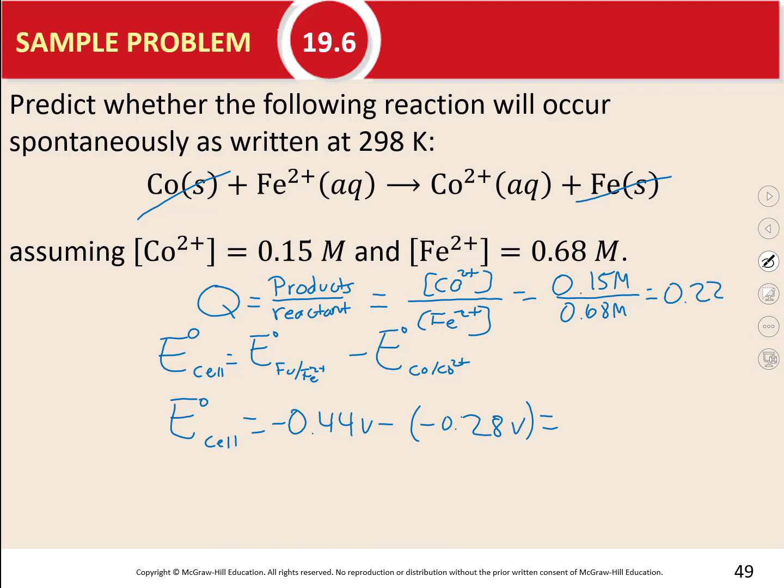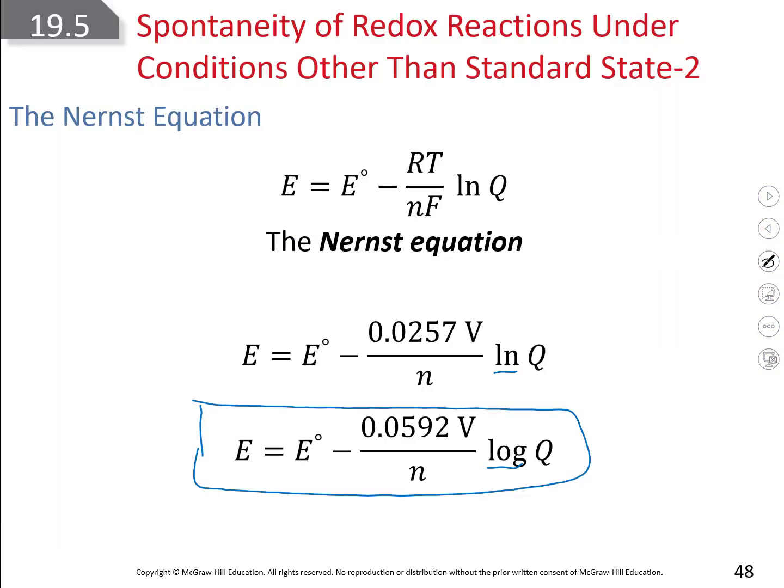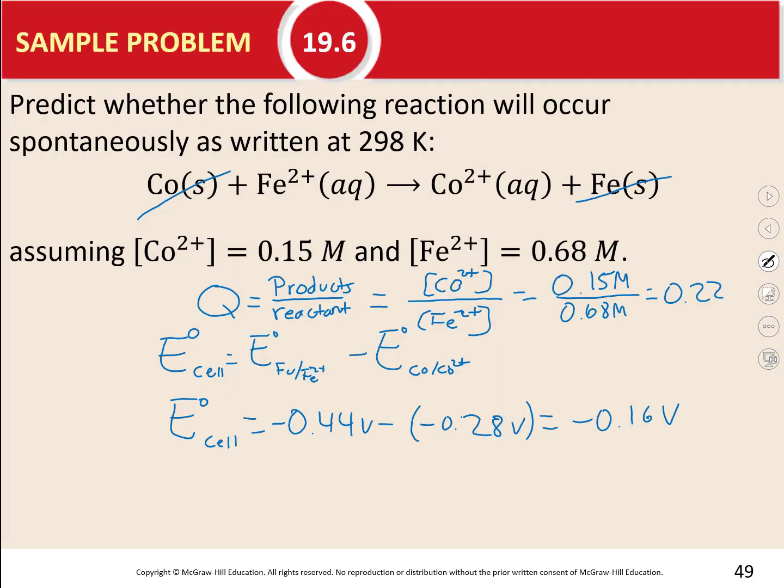So what do we get for E standard of the cell? Good, negative 0.16 volts. So now we have E standard of the cell and we have Q. So we have everything we need to plug into the Nernst equation. E standard, what is n going to be on the bottom here? 2, good, because 2 electrons were transferred in this reaction.